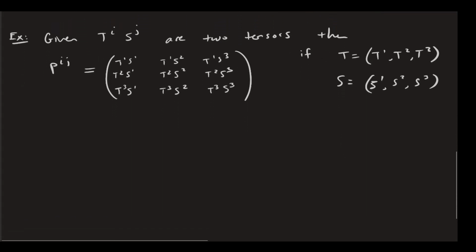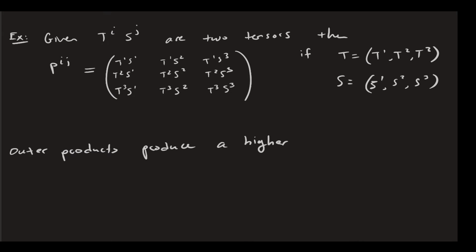So an outer product produces a higher rank tensor. That's kind of the takeaway.